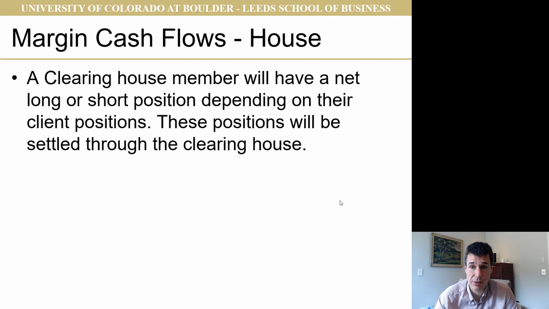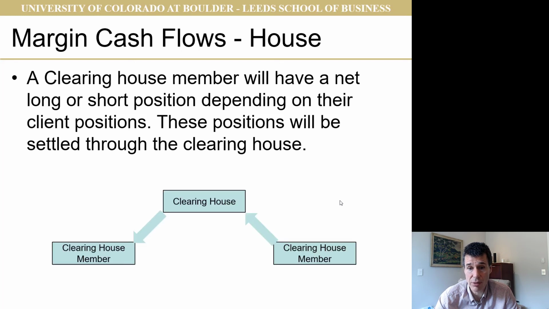Each clearinghouse member has a net long or short position, and these positions are settled through the clearinghouse. Same sort of idea. Hopefully, within a clearinghouse member, each broker will have offsetting positions, so their positions will not be the sum of any individual set of positions. Their positions will generally be smaller.